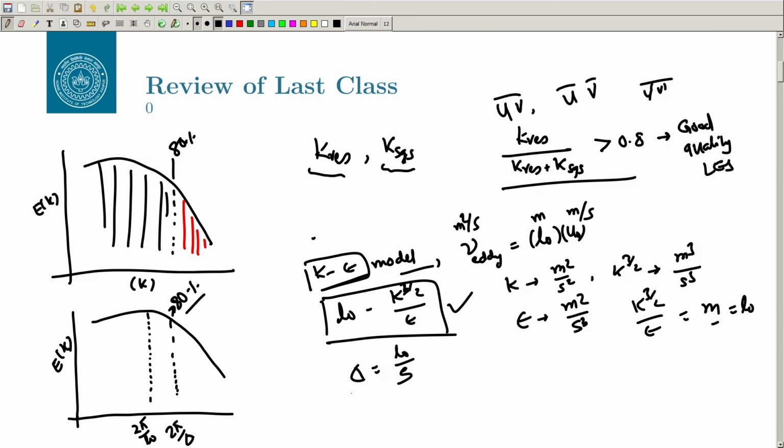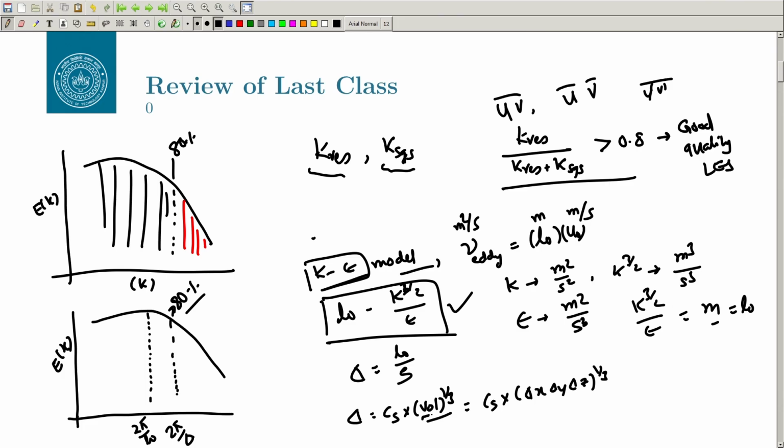Now, delta you also know from your grid, because typically delta is Cs into volume to the power 1 by 3. If your mesh is structured, then this is Cs multiplied by delta x, delta y, delta z to the power 1 by 3. So, this is some kind of determination of the length or your grid size.